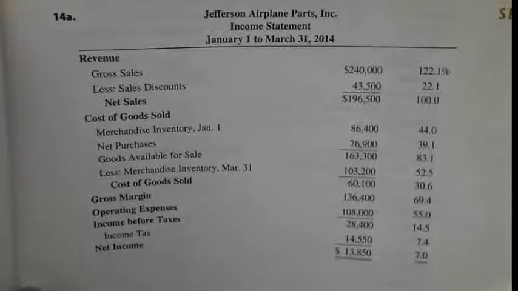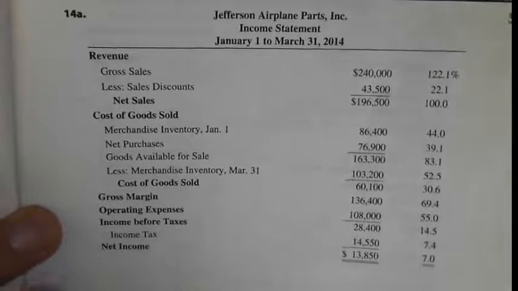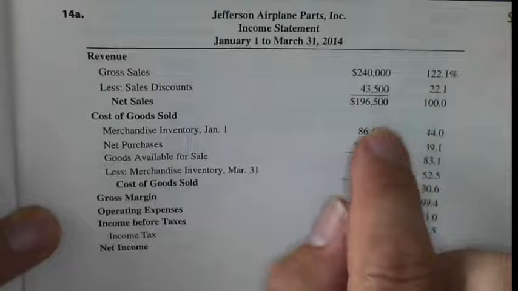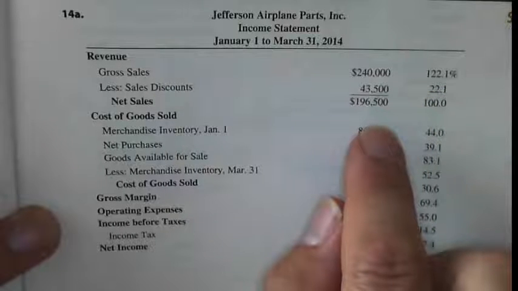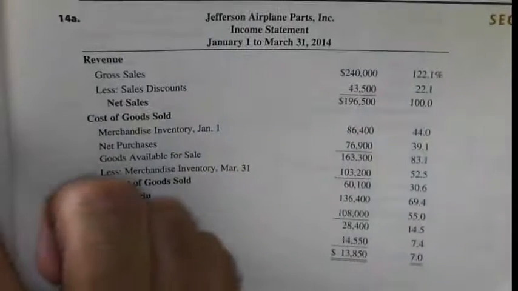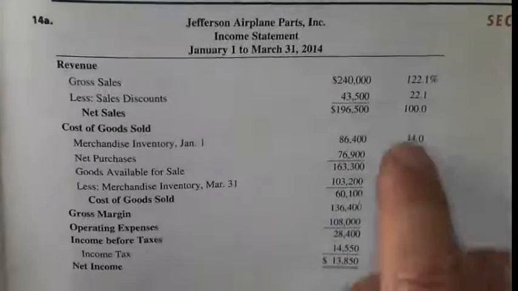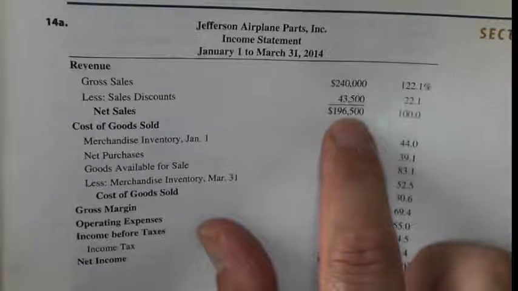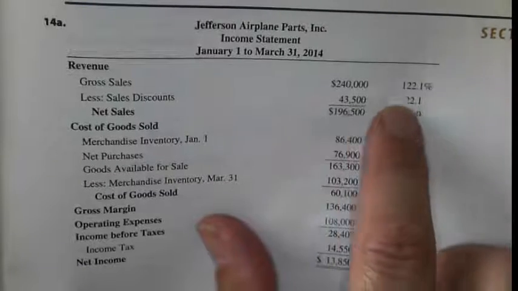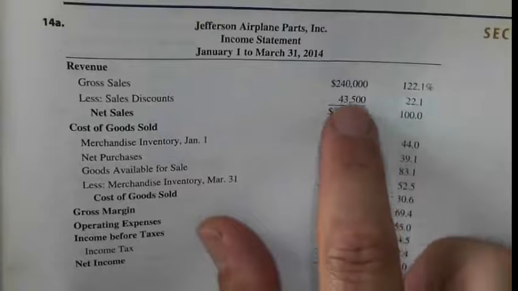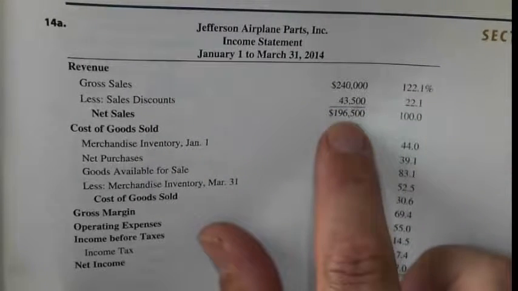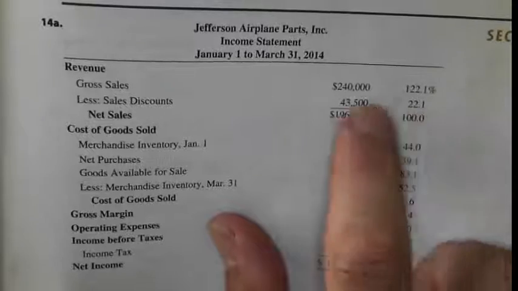That information transposed to an income statement would look like this. Remember, they asked for the comparative. So they're giving you, based on net sales, these numbers. Net sales was the 100%, so that's what it's supposed to be based on. How do these numbers compare? Remember, it's going to be part out of the whole. So 43,500 divided by net sales to get your percent.